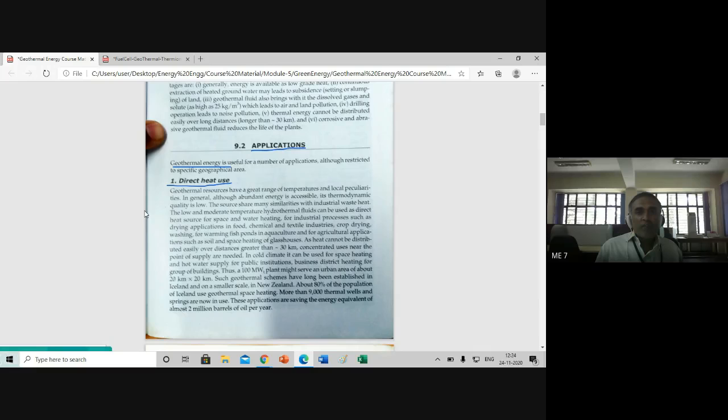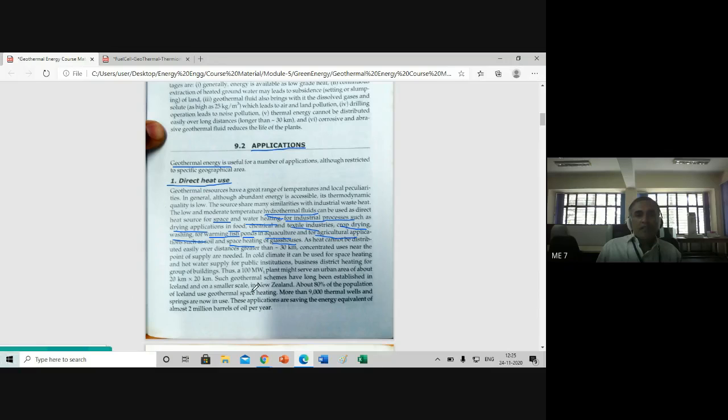The low and moderate temperature hydrothermal fluids, they call this one hydrothermal fluids, can be used as direct heat source for space and water heating, for industrial processes such as drying applications in food, chemical industry, textile industry, crop drying, washing, warming fish ponds, aquatic and agricultural applications, space heating of glass houses. Like this, a number of examples we can quote.